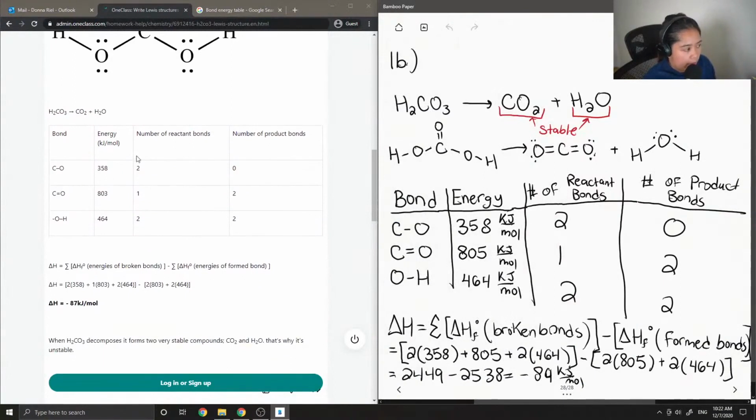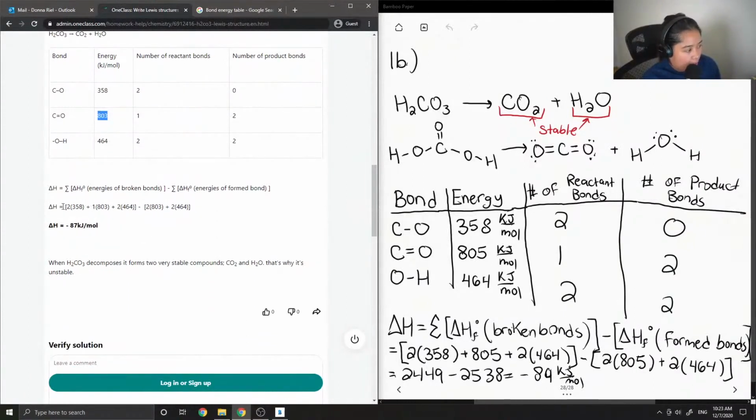Part B, they wrote out the helpful table to help solve delta E: 358, 803, 464. So it depends on what book you use as a reference. So the table that they had has 803 instead of 805, but it's pretty similar. So depending on what you use as a reference, you might get slightly different values. They counted out the number of reactant bonds and the number of product bonds.